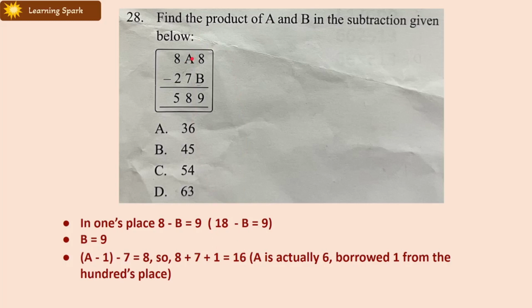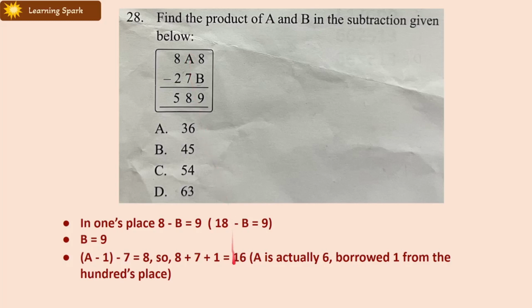And 16 means that it will borrow 1 from here, and this A's value is 6. If this is 6, then this becomes 16, and then it further borrows 1, so this becomes 15, and 15 minus 7 equal to 8. So this fits properly if this is 6, right?